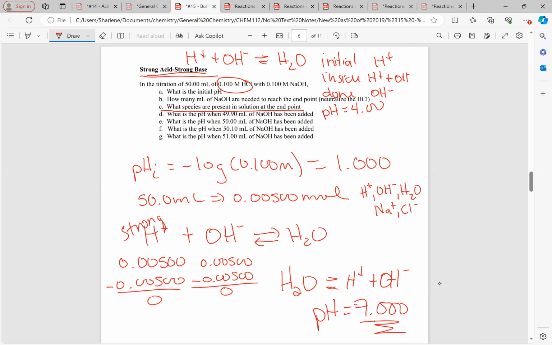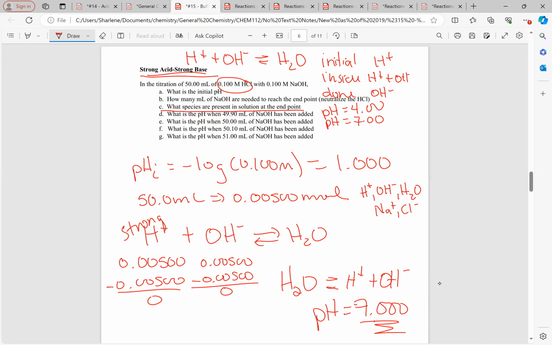So anytime you do a titration with a strong and a strong, your endpoint is always 7. Always 7, because the only thing left is pure water. And I'm not really keeping track of sig figs here very well.